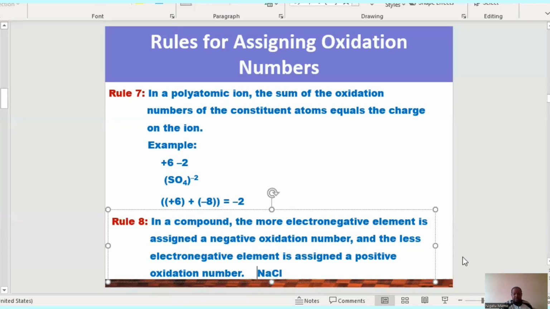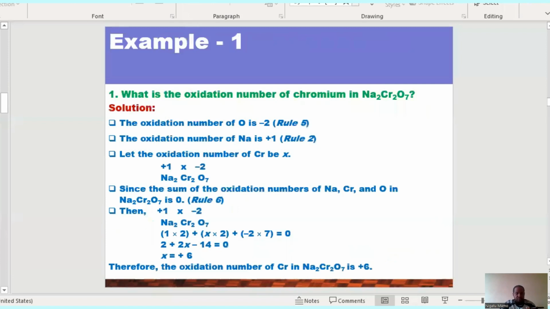Sodium is less electronegative than chlorine, so the oxidation number of sodium is positive. The oxidation state of chlorine is negative because chlorine is more electronegative than sodium. Therefore, sodium has a positive charge and chlorine has a negative charge.